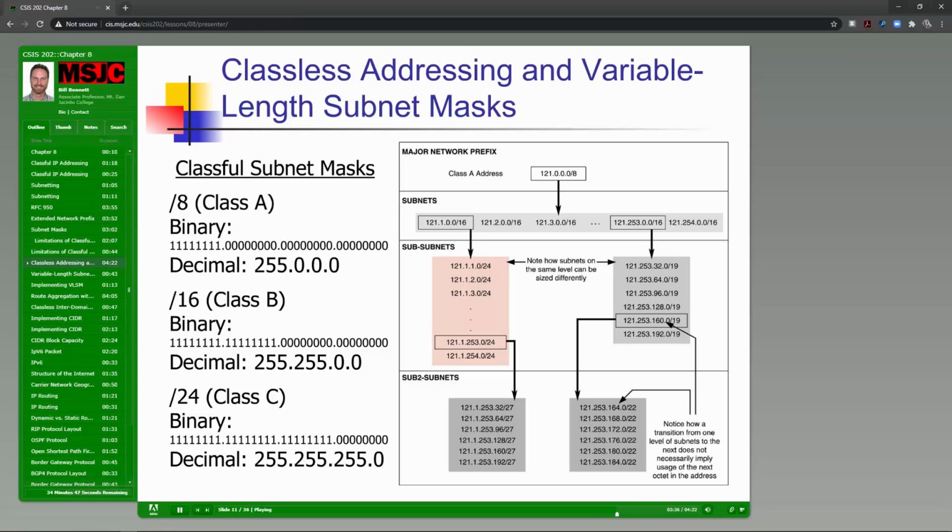Before we had 24 in the row above, now we're using 27. So again, we're jumping by 32s. So the sub2 subnets in the left-hand column there are 32, 64, 96, 128, 160, and 192.